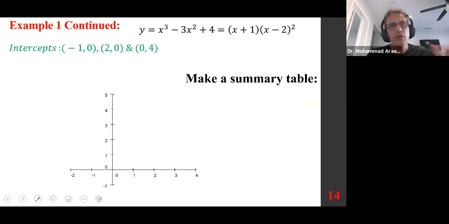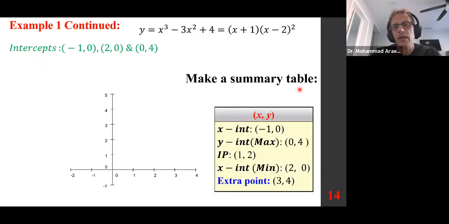All right. To graph this, here's the function. Here are the intercepts. Let's make a summary table of what we have found so far. The x-intercept at (-1, 0).